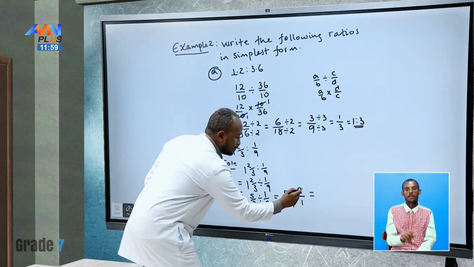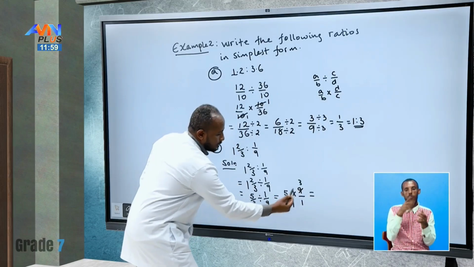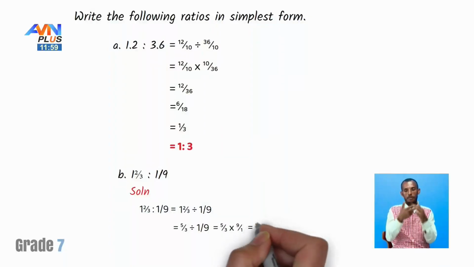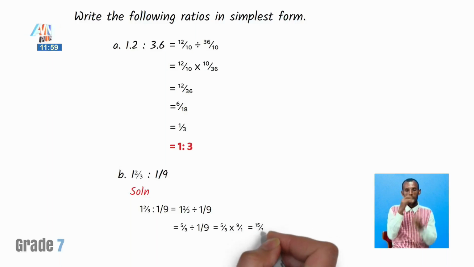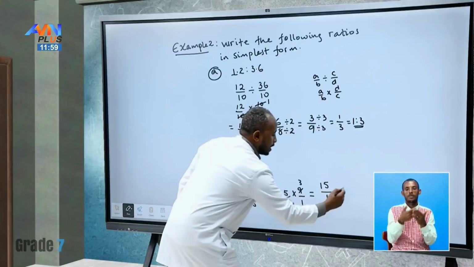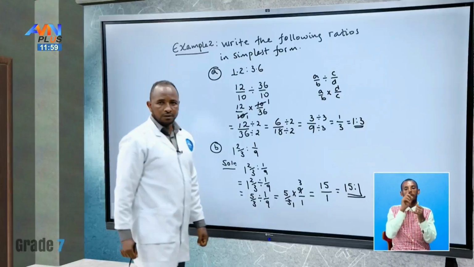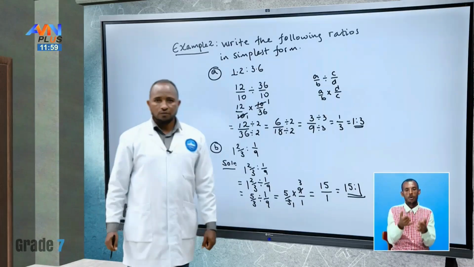When you divide 9 by 3, it becomes 3. Finally, you multiply 5 with 3, it becomes 15 over 1 times 1, which is 1. Therefore, this ratio can be written as 15:1, the final answer. That's it. Now, we'll continue to the next example.